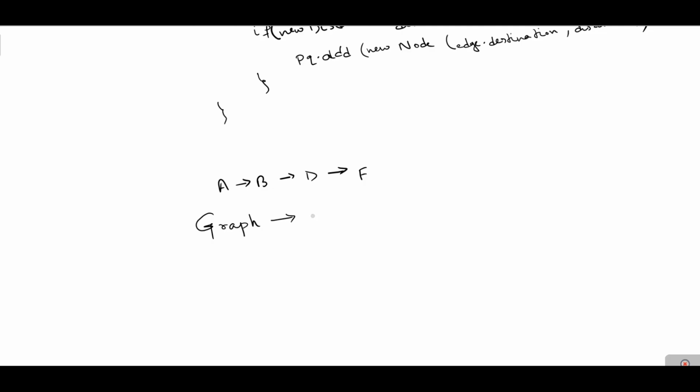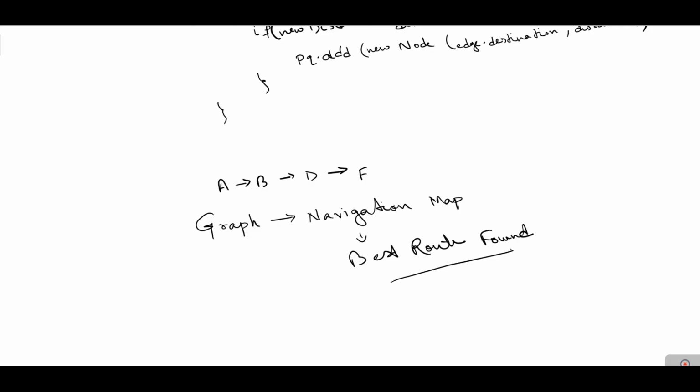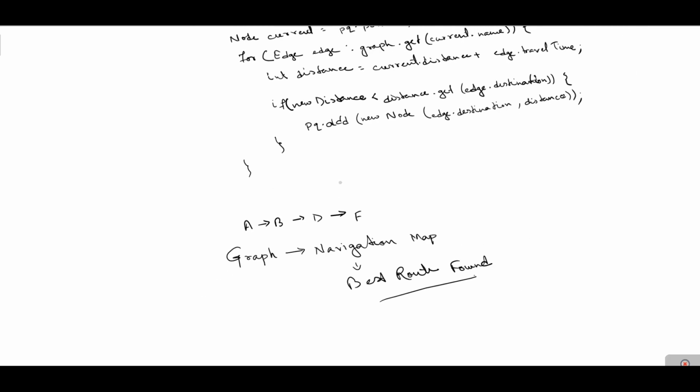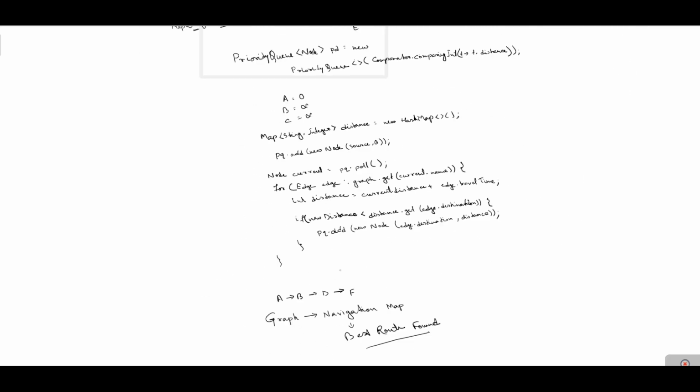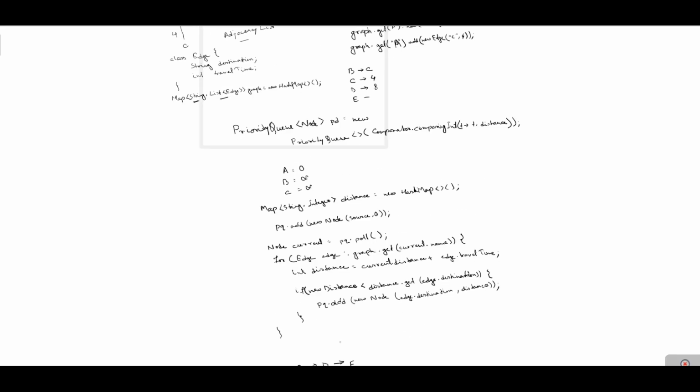We have successfully built a simplified navigation engine. Given a graph, it can find the fastest route between two locations. But here's an interesting question. If this is all Google Maps does, why does it feel so much smarter?